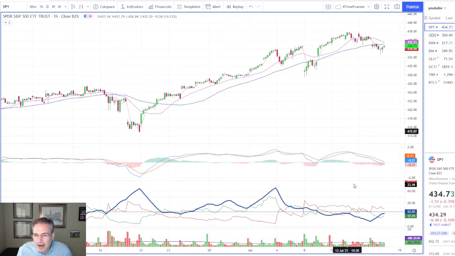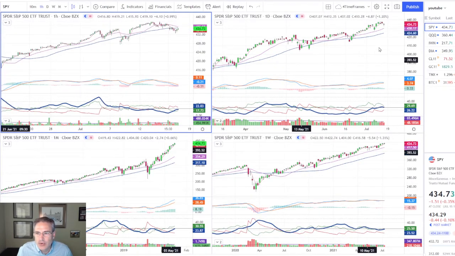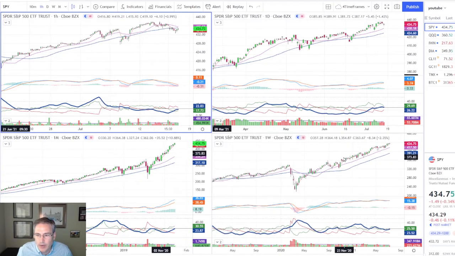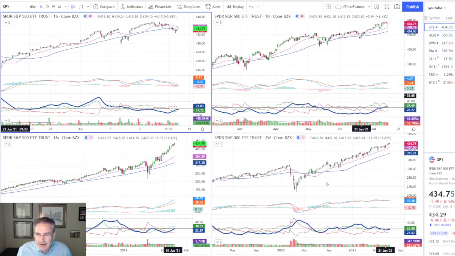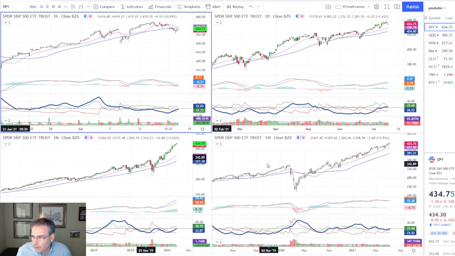So I'm not all that excited about what's going on here, just because overall we're not showing a lot of power in any of these trends. The daily is probably in the best position right now from a momentum standpoint. The weekly has been in control the whole way and is in the best looking trending condition. But we're at a point now where it's kind of make it or break it. And based on what the sentiment is doing, it is a concern of mine.